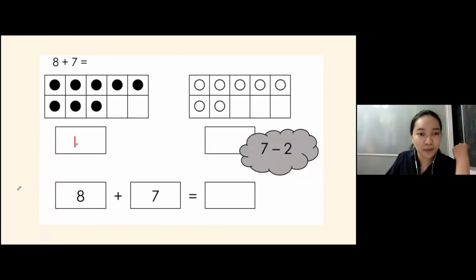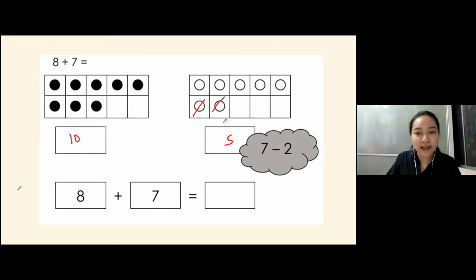So I want to make 10. So 8 and what makes 10? 8 and 2 makes 10. So I need 2 more. So where can I get it? I get it from here, right? So let's move here. So I have 10. So 7 minus 2, sorry, we have 5.